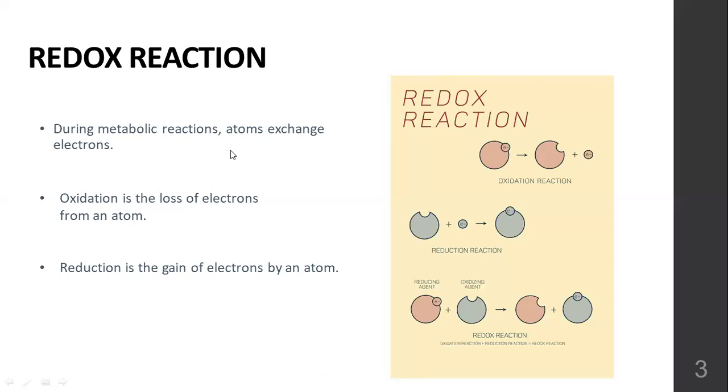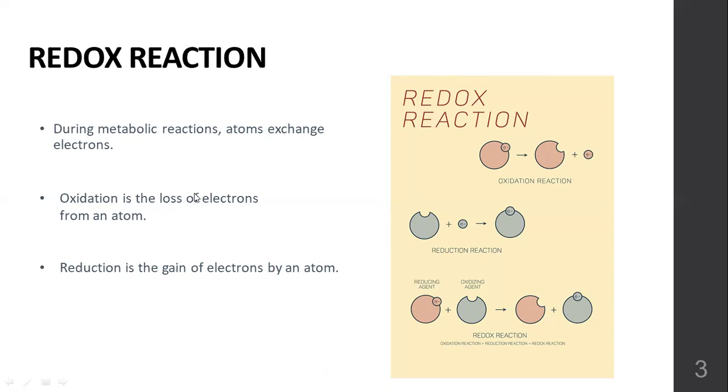In these reactions, the atoms of each of the matter within your body are exchanging their electrons. When we talk about oxidation, electrons are lost from the atom, specifically from the outermost orbit. That's the process of oxidation.